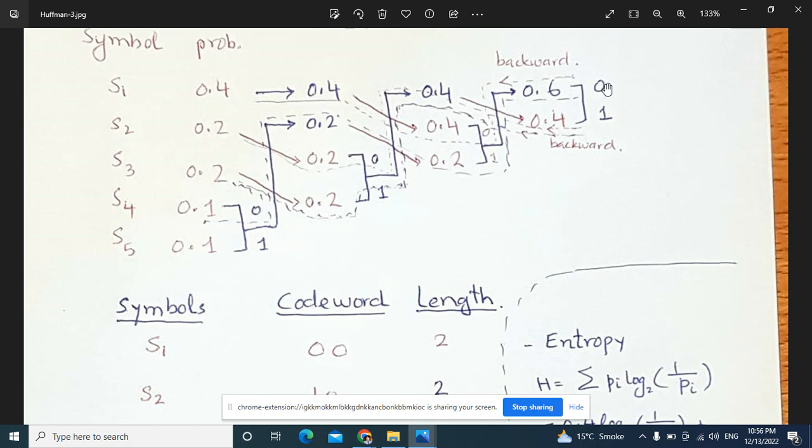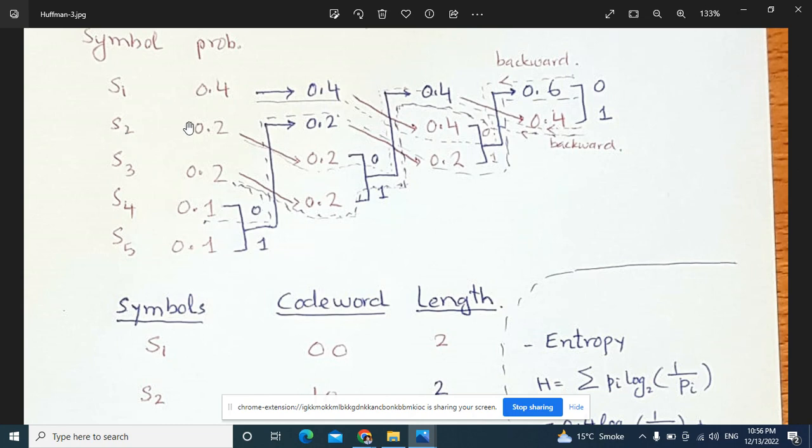When you assign the code word, you need to go backward. So from here backward, this is 0, and then from here to here, this is a second 0, and then from here to here. So it means 0 0. What is the length? 2 bits, so that is why you write 2 here.